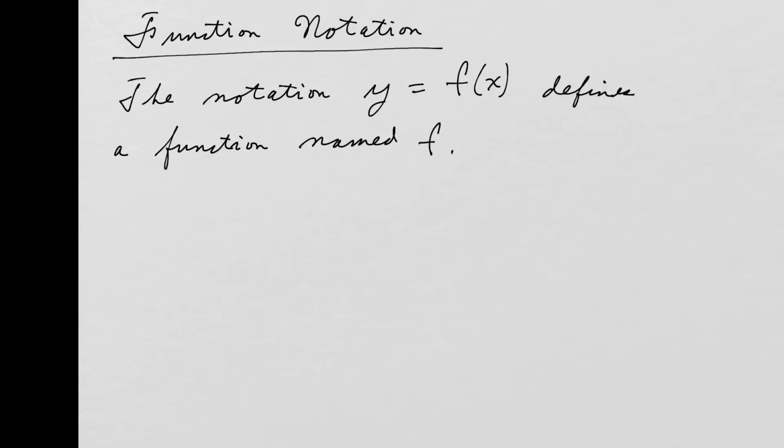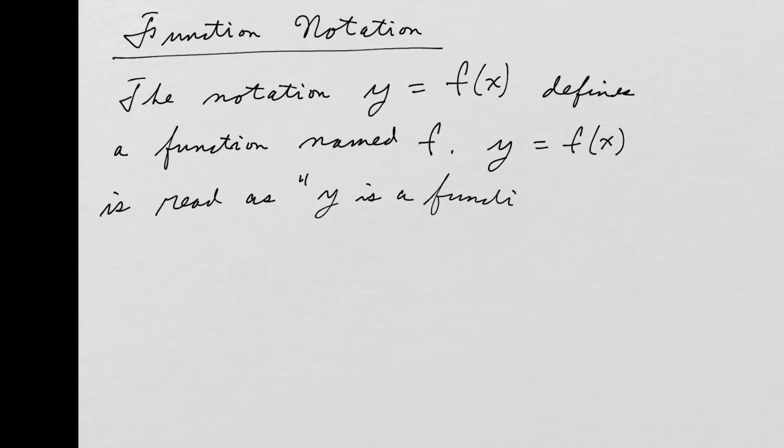Now, the way that you read this is you can read it as y is a function of x. I'll write it again: is read as y is a function of x.